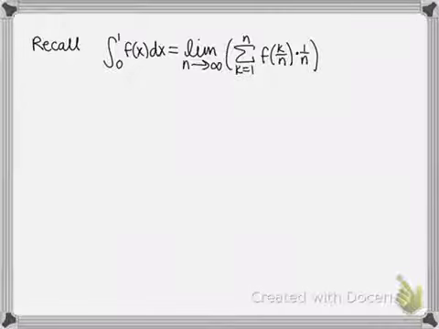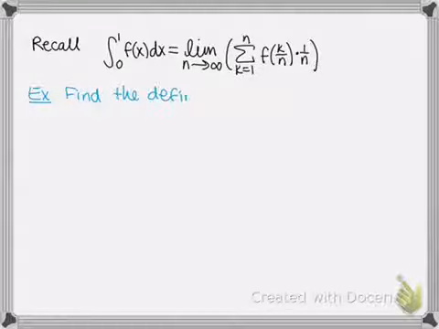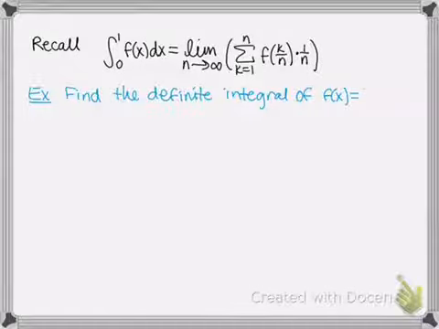So let's do one more example. Find the definite integral of f of x equals 3x squared minus 4 on the interval 0 to 1.